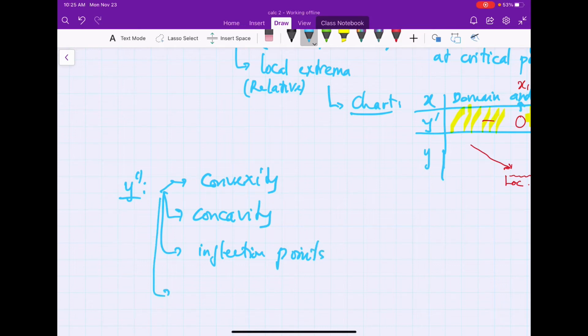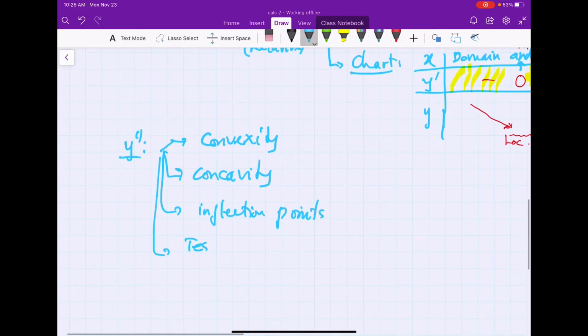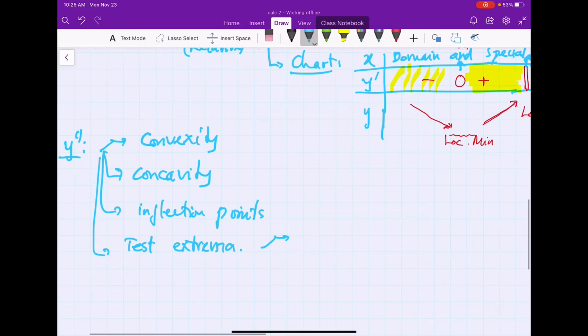And we may test extrema. If you have critical points, and you don't want to make the chart for the first derivative, you may differentiate the function a second time and find the second derivative.